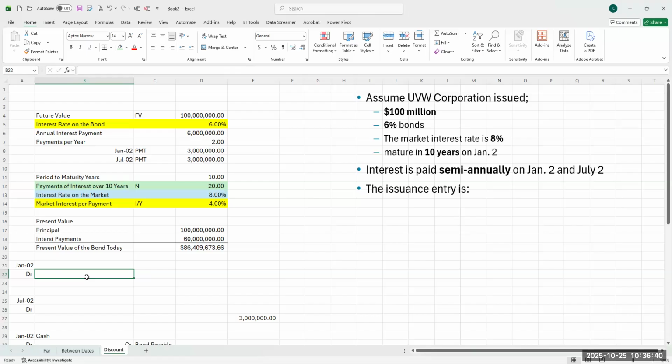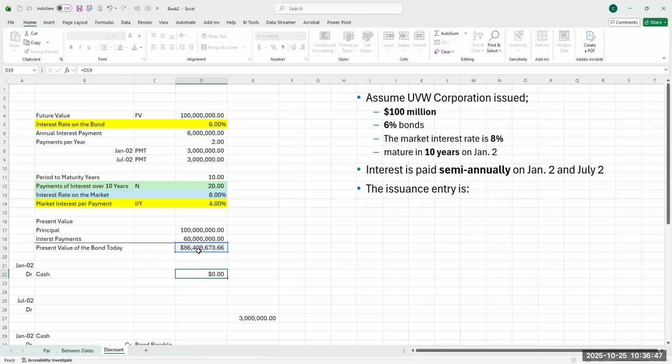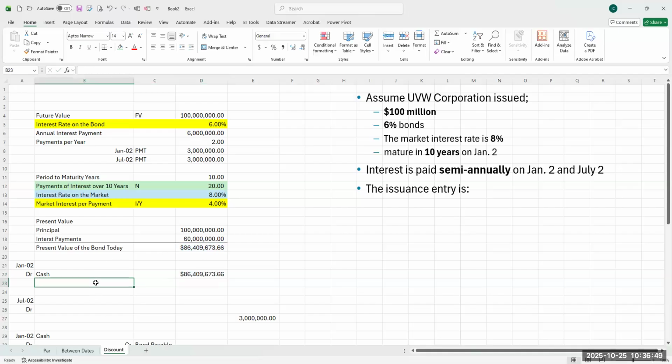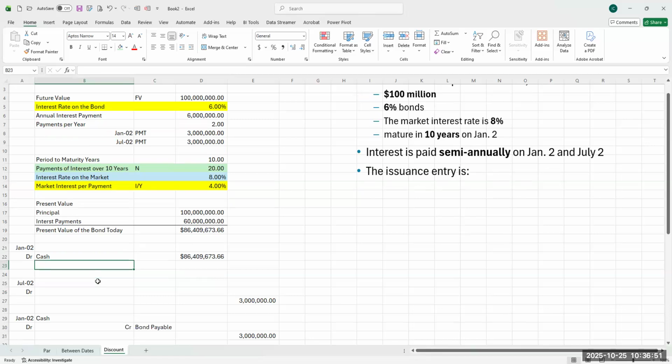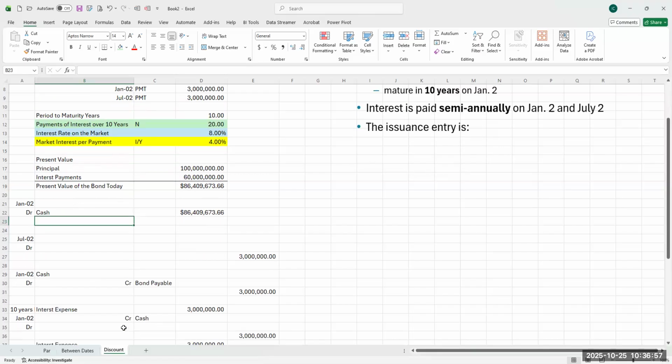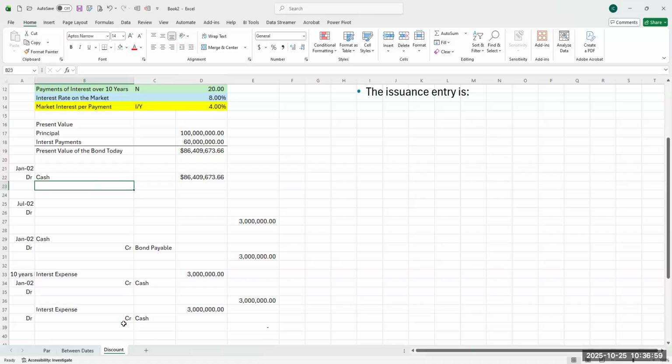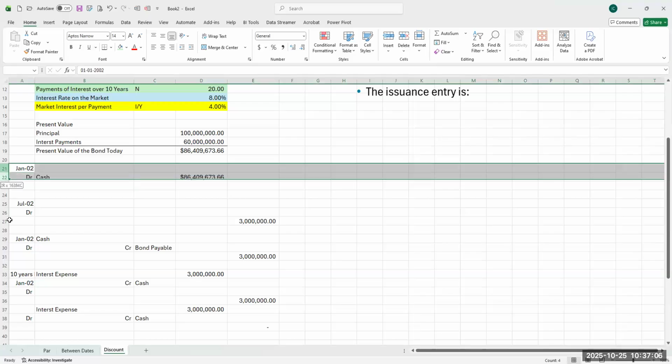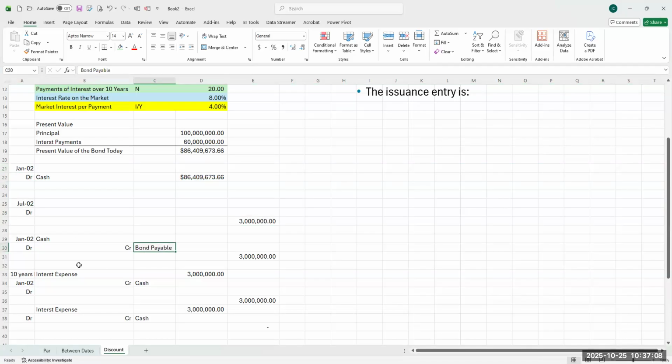So our journal entry will be a debit to cash of that amount, and the credit will be bonds payable.